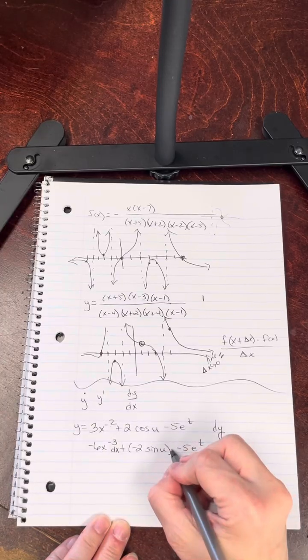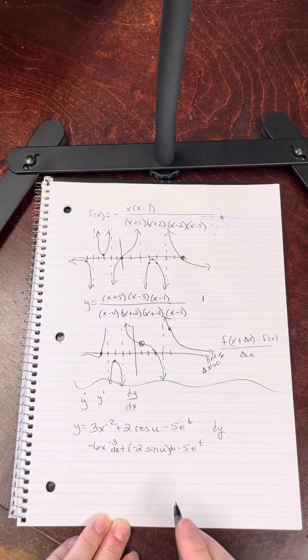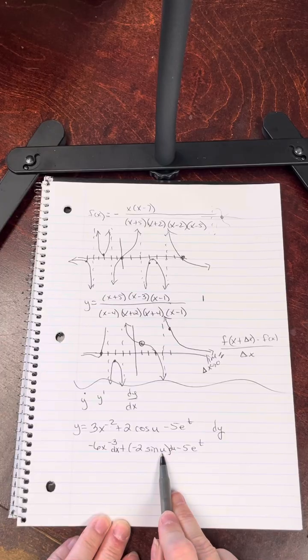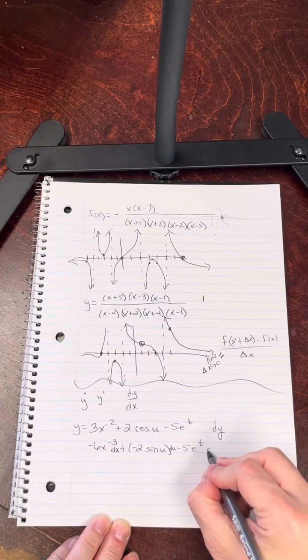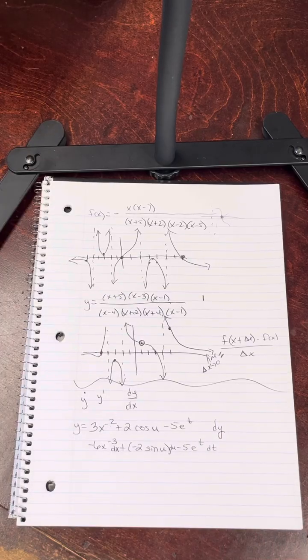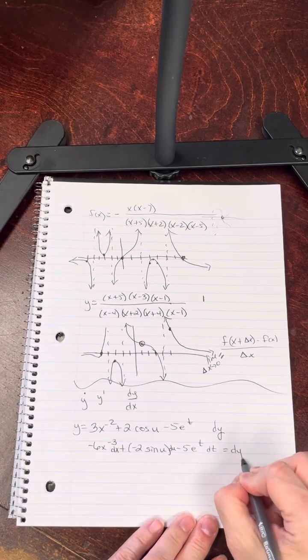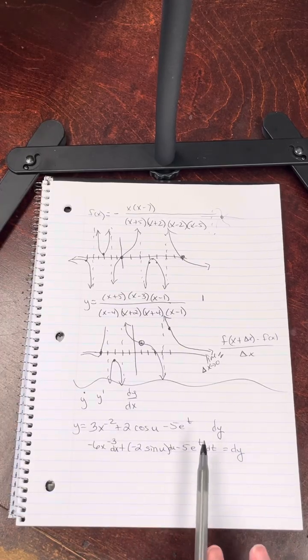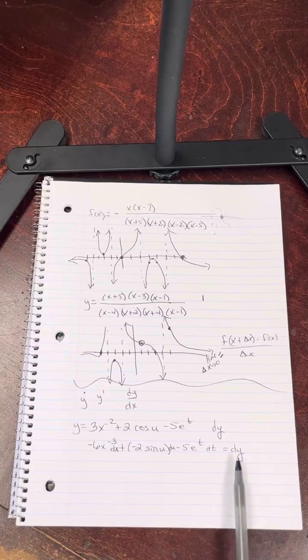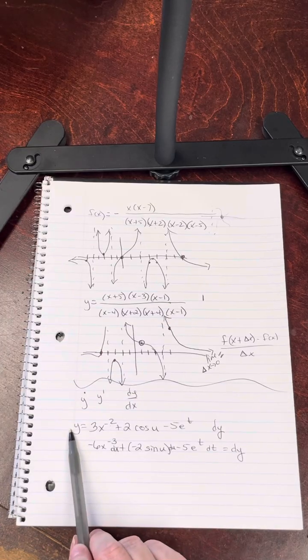This one should have a du at the end of it because my variable was u. And this one, it's the t, so it should have a dt at the end of it. So now that I've attached the appropriate dx, du, dt, I have found the dy.